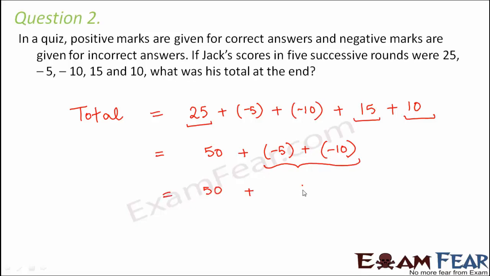We just add them, 15, and then put a negative sign. And now we have to add one positive integer and one negative integer. How do we add them? We find their difference, which is 35, and then put the sign of the bigger number. The bigger number is 50, which has a plus sign, so this will also have a plus sign. Therefore the total score of Jack at the end would be plus 35.